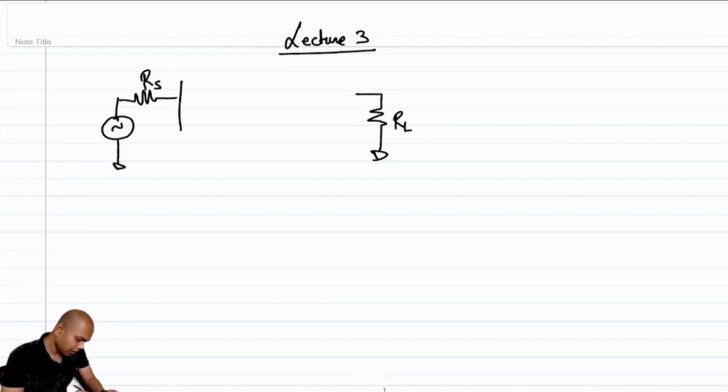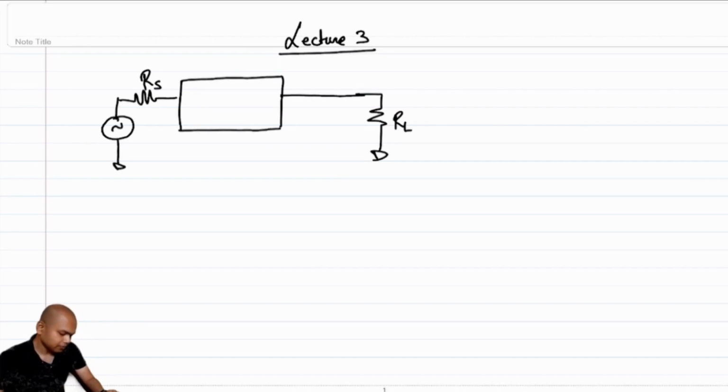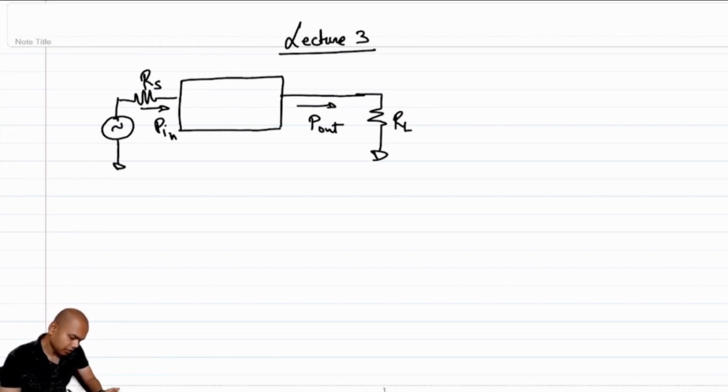We want to put a network in between such that whatever power goes in, P in, and whatever power comes out, if we call it P out, we want P out to be greater than P in. Okay, so this is what we want.